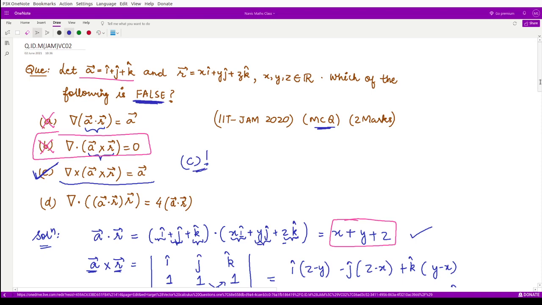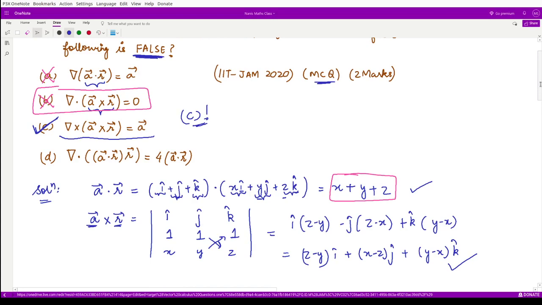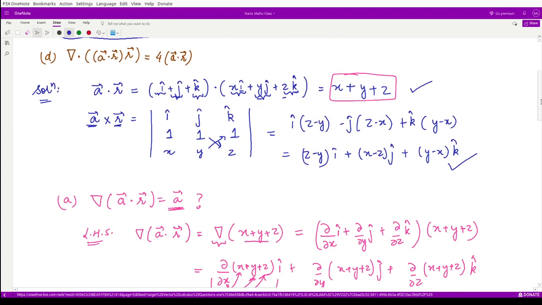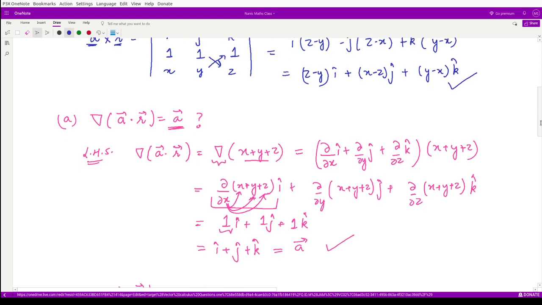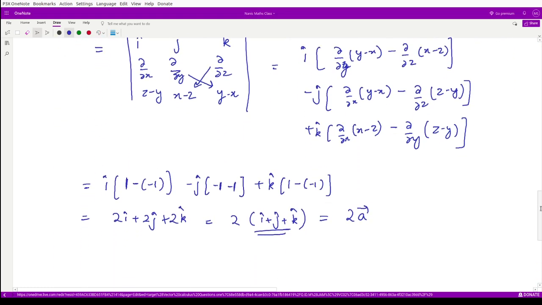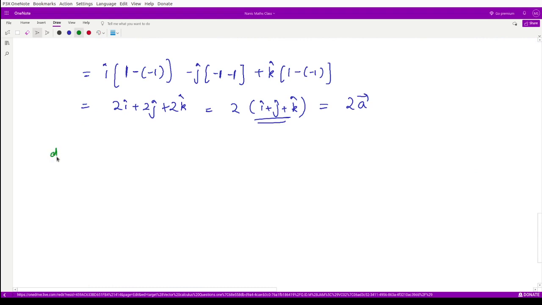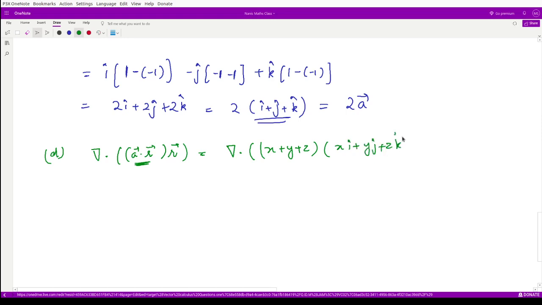In the fourth part, they are saying check that del dot (a dot r) times r is equal to 4 a dot r. So for the fourth part, we have to check del dot (a dot vector r) times vector r. So let's calculate this thing first. So we have del dot, now a dot vector r, we have already calculated this to be x plus y plus z, and the vector r is given to be x i cap plus y j cap plus z k cap.